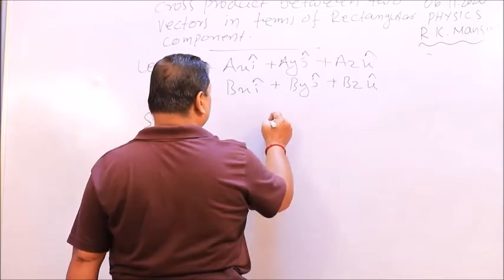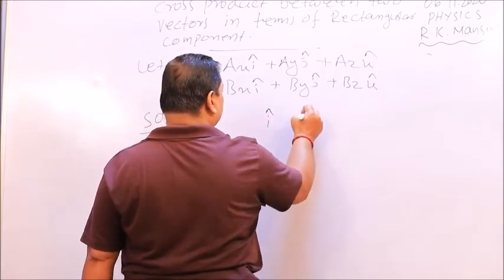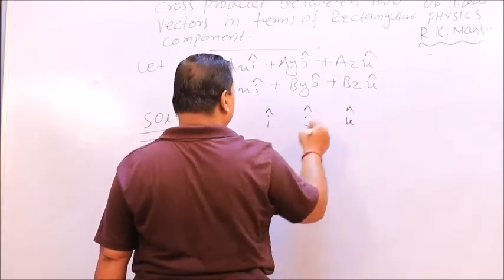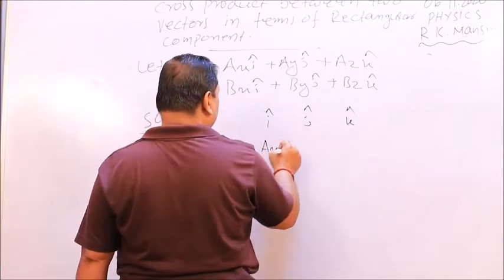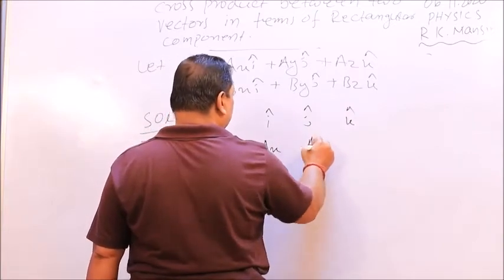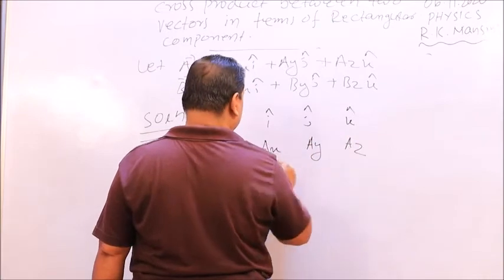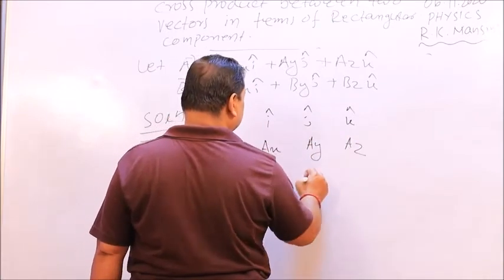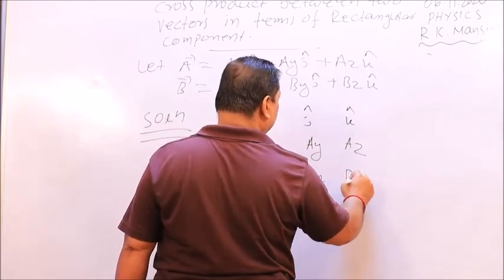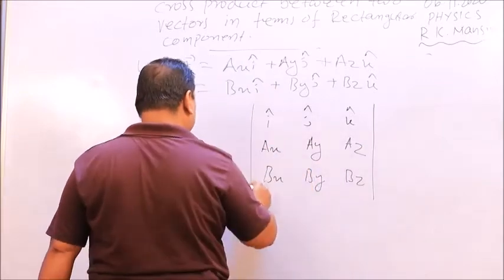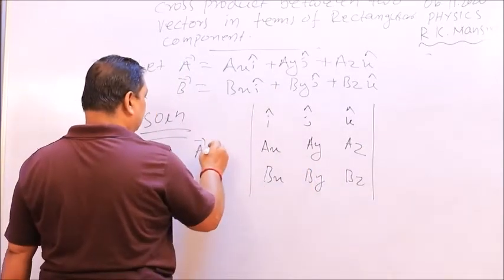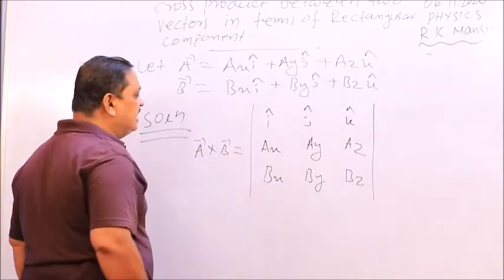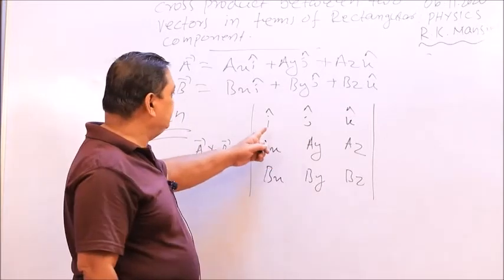First you take i cap, j cap, k cap, then ax, ay, az, bx, by, bz. This is the determinant. You will know details about determinants in mathematics.